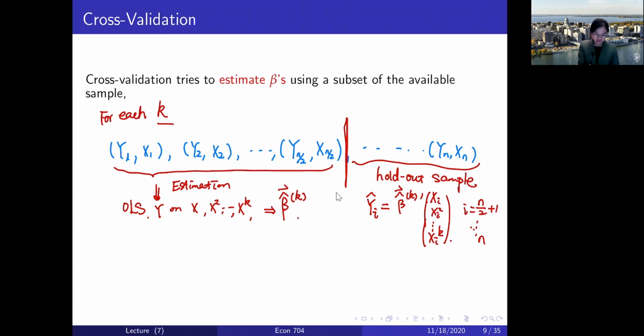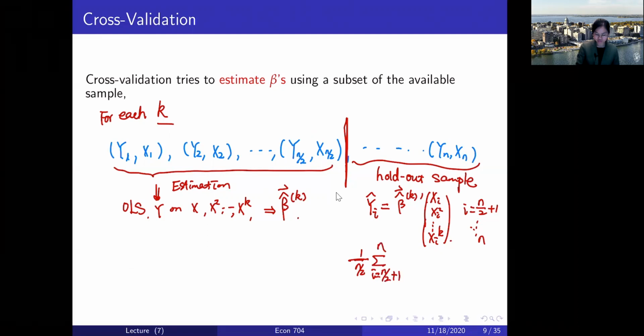Once you get this, you're going to take an average over the holdout sample: sum over i from n over 2 plus 1 to n.